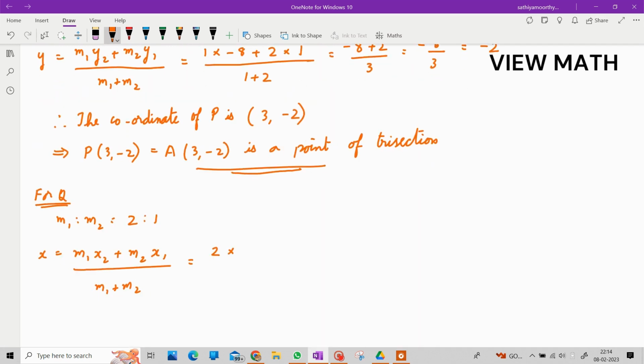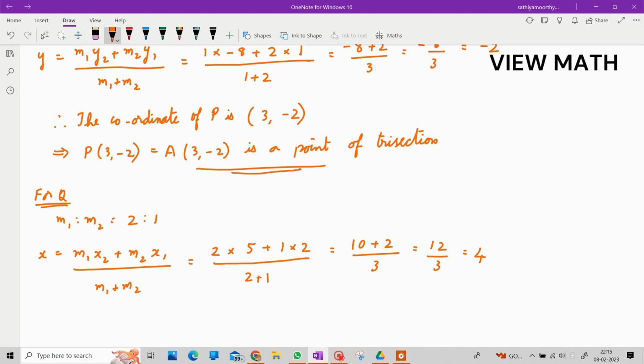So let me substitute. 2 into 5 plus m2, m2 is 1 into x1 is 2, divided by 2 plus 1. So this is equal to 2 into 5 is 10 plus 2, divided by 3. This is equal to 12 by 3, which is equal to 4.